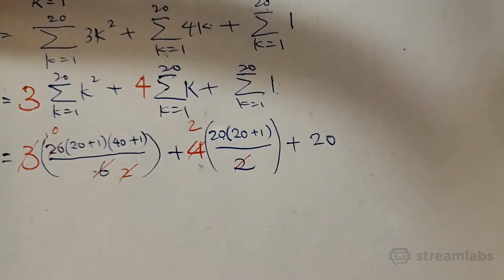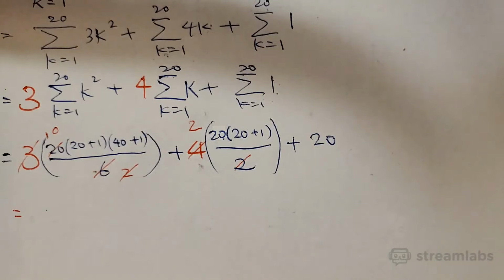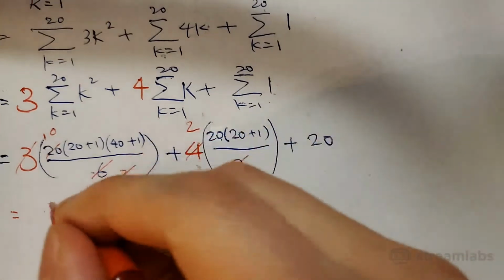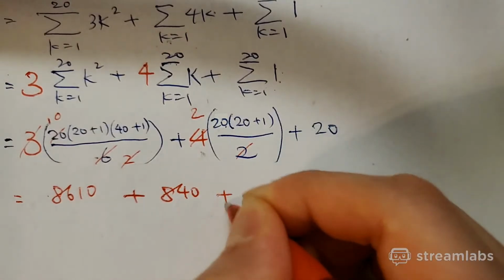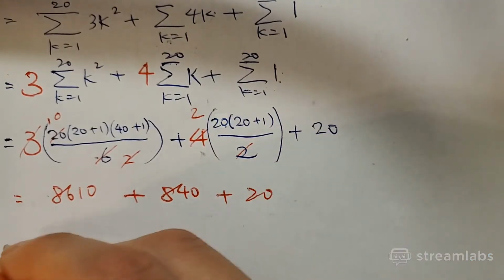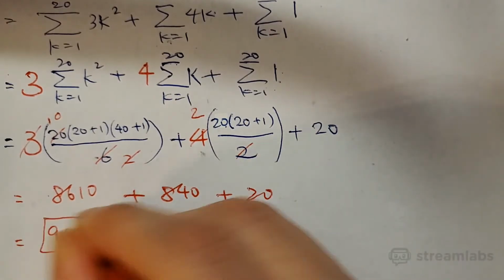Okay, so it will be 10 times 21 times 41, 8,610, plus 40 times 21, 840, plus 20, which is 9,470. Okay.